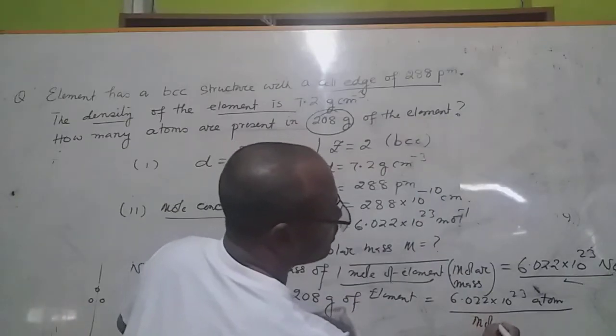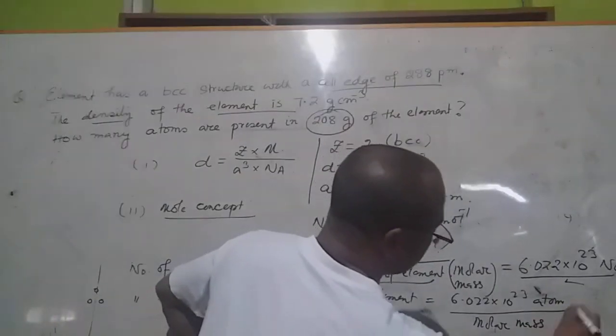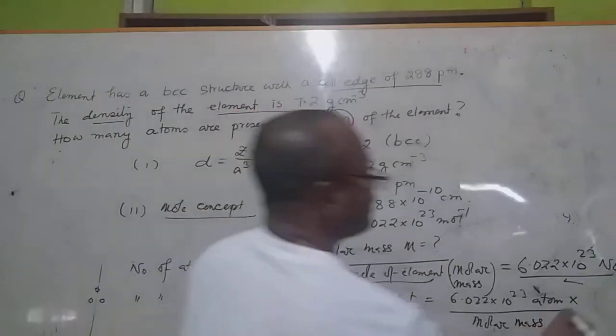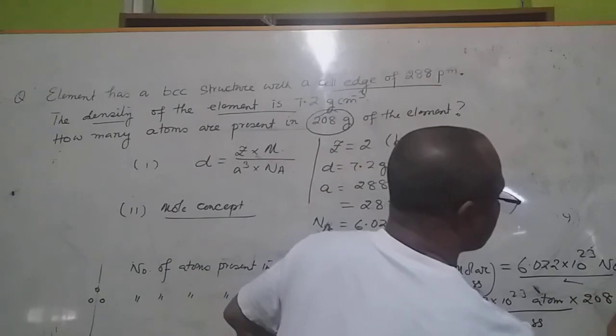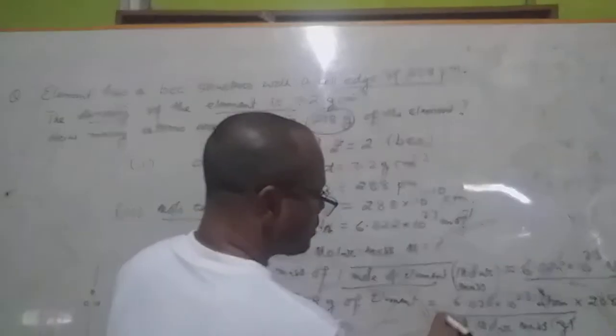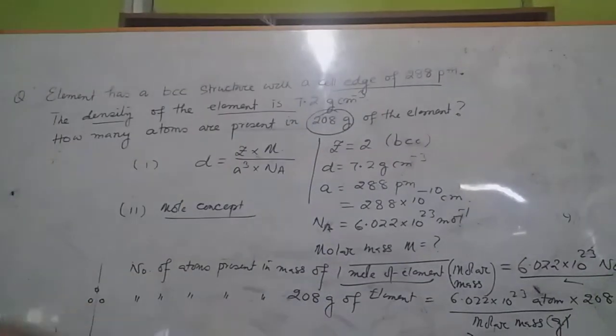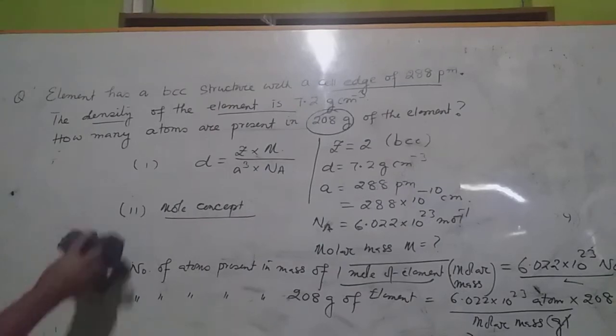We can put the molar mass here after we calculate it, then multiply by 208. The gram can be cancelled, so the number that remains is what we found. So this is the way I show you how we calculate.